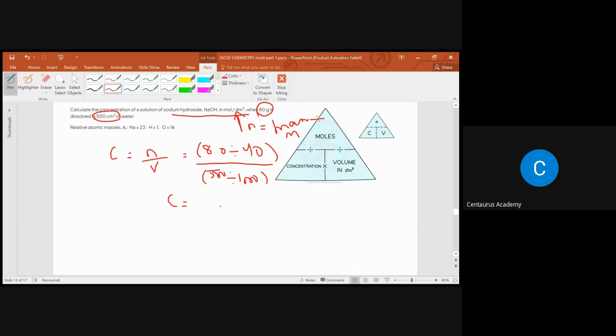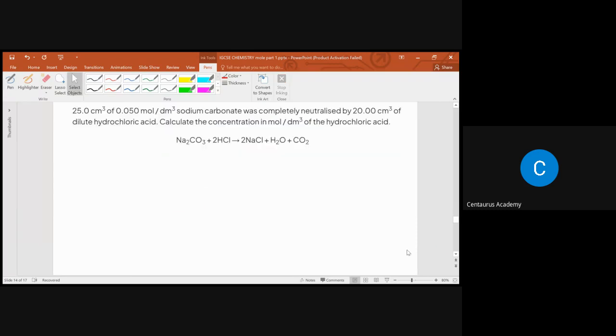Yes. So the answer is going to be 4.0 moles per decimeter cube, right? Moving on to the next one.